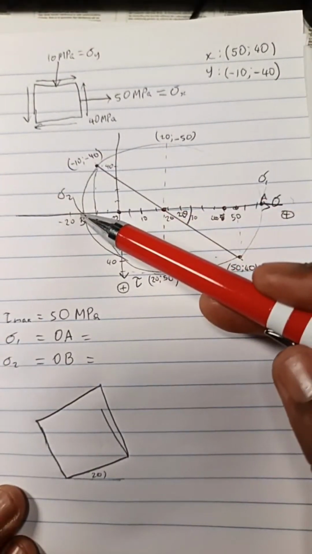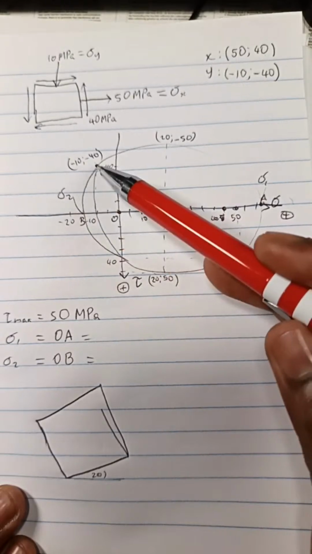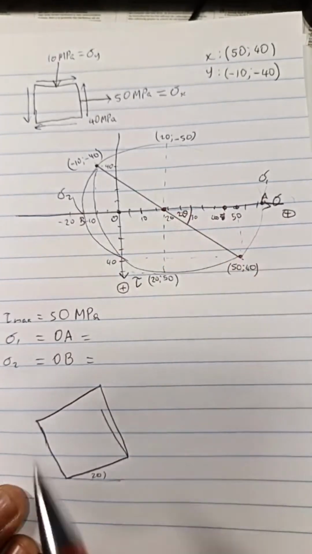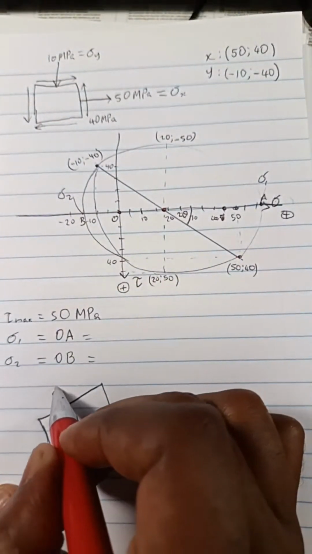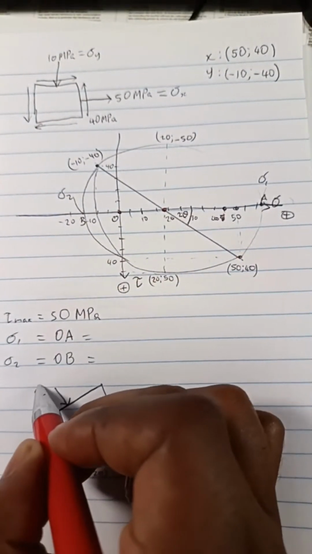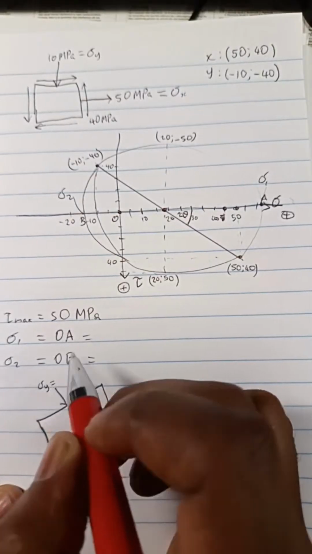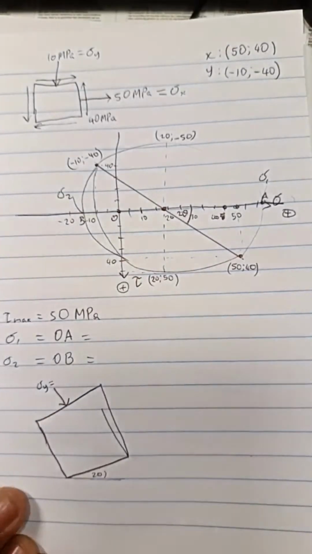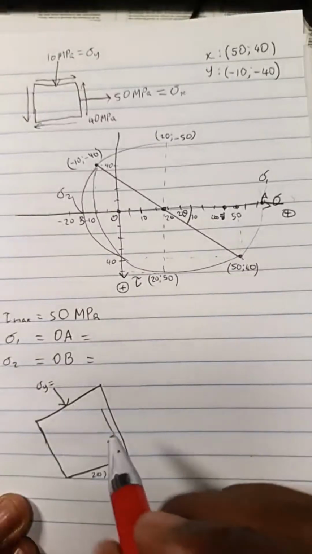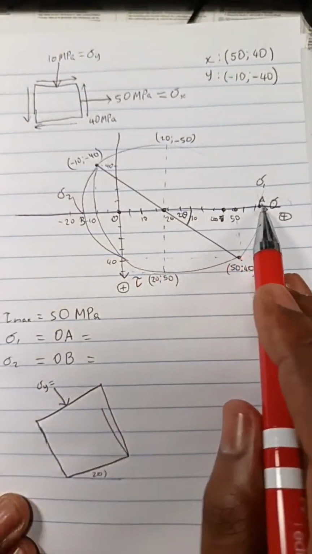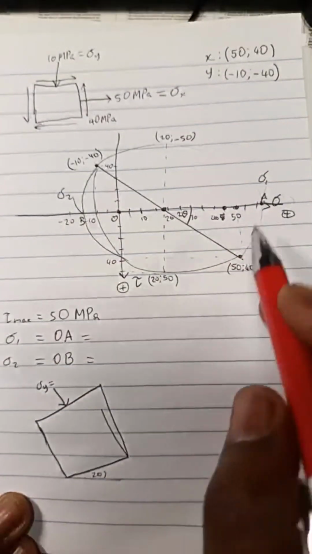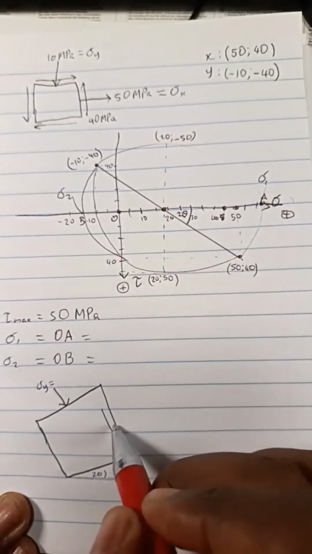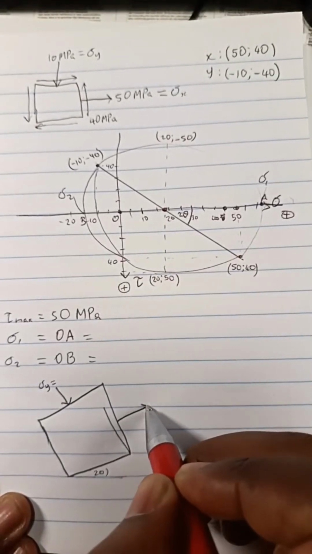Now this principal stress is stress Y. So stress Y is negative, meaning it is compressive. So it's still compressive. That is stress Y, and it's equal to whatever value, which is OB. Then we have this other stress, stress X. It is on the positive side, meaning that it is tensile.